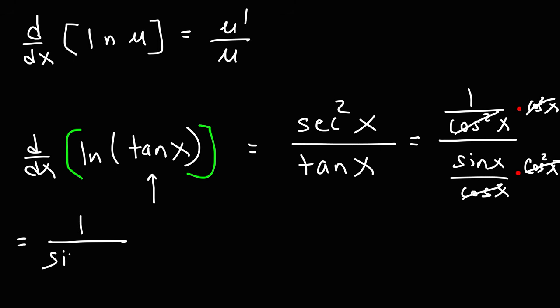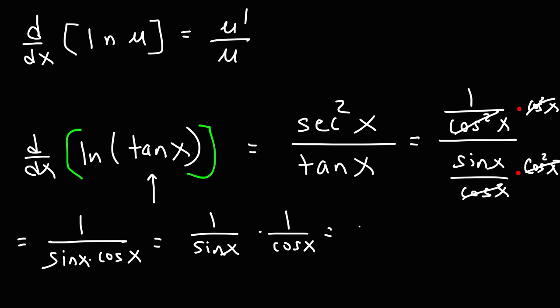So I'm going to get sine times cosine, which we can write as 1 over sine times 1 over cosine. 1 over sine is cosecant x, and 1 over cosine is secant x. So the final answer is cosecant x times secant x.